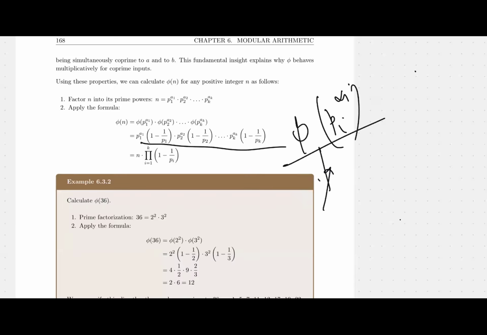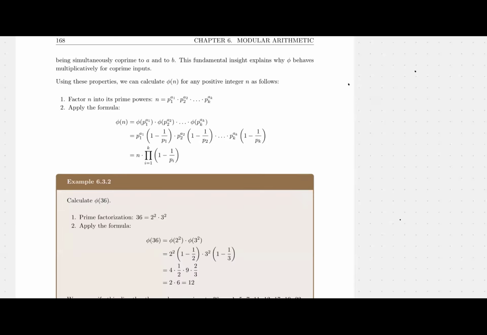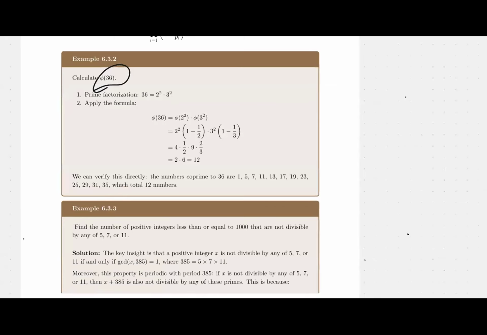Okay. So this helps us because now we can easily calculate phi of 36 and all those things, right? Okay. So let's take this example.